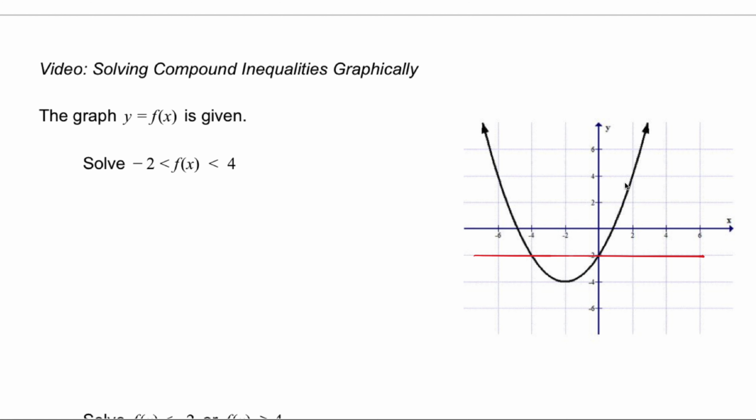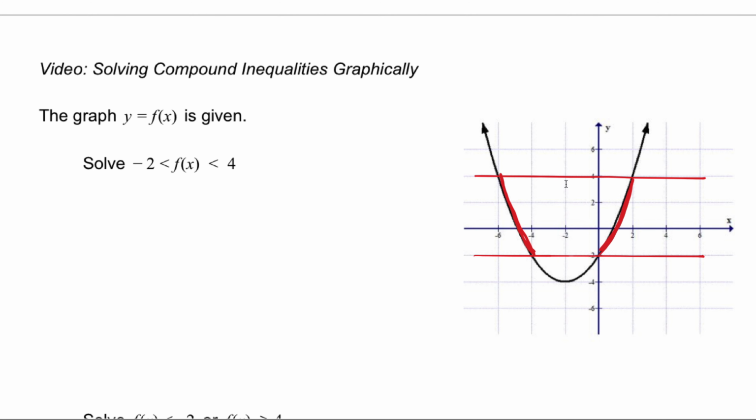Let's try that again. There we go. So when is the function between these two values? So my function is this curved line, and I'm interested in the parts of that function that are sandwiched between -2 and +4.